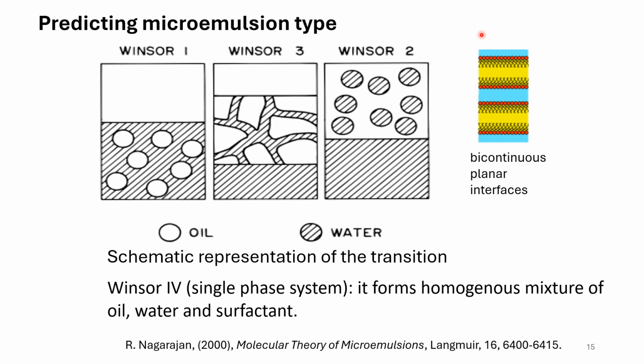While type 4 microemulsions is the single phase, or we call it as the isotropic micellar solutions. It will be formed upon additions of sufficient quantity of the surfactant plus some co-surfactant. Windsor 4 only consists of single phase.